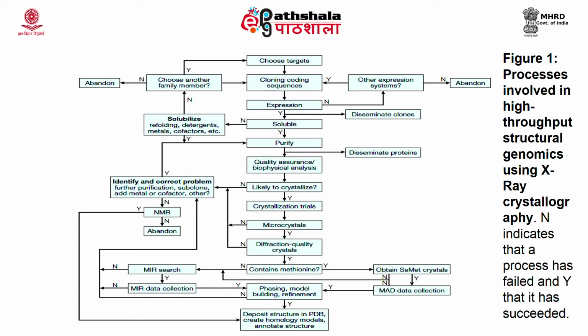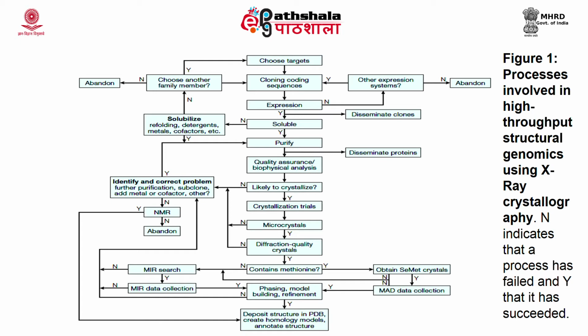If they do contain methionine, we will obtain selenomethionine crystals, and the MAD data, which stands for multiple anomalous diffraction data, will be collected, and this data will then go to the next level, which is phasing, model building, refinement. Finally, the structures will be deposited in PDB, which is a database of protein structures, or otherwise used to form homology models, or annotating these structures.